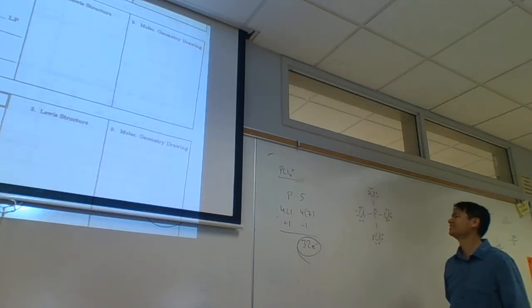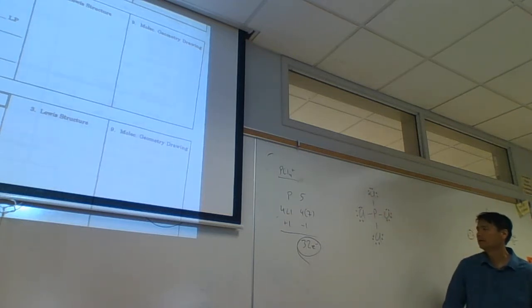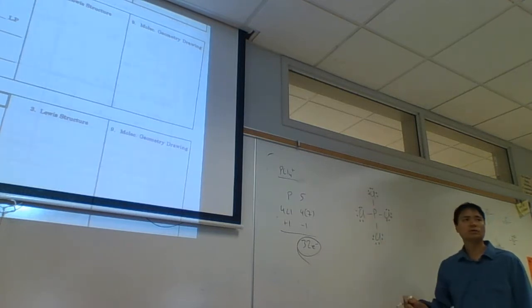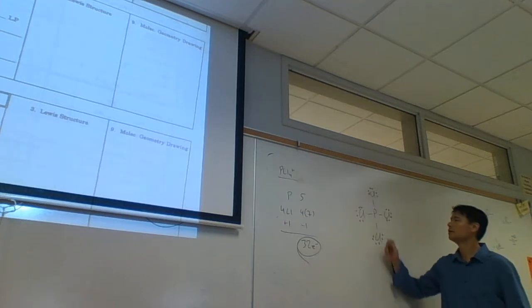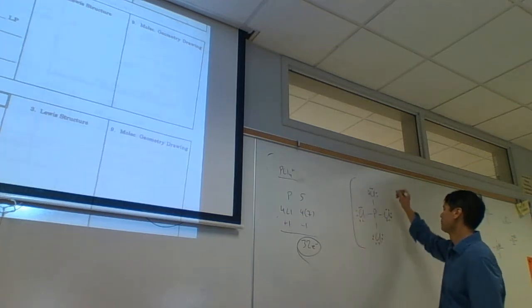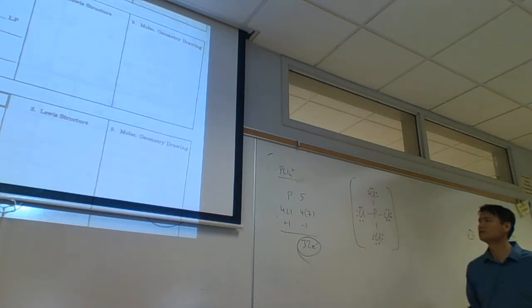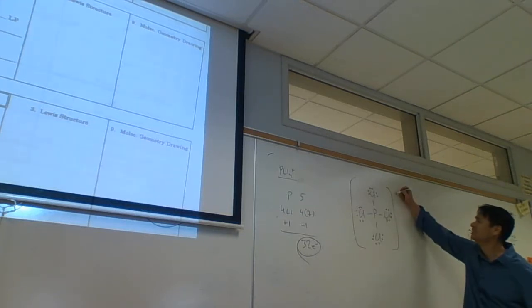We have 8 times 4, which is 32 electrons. So we're good. This whole thing carries a positive charge. Where does this positive charge originate from?